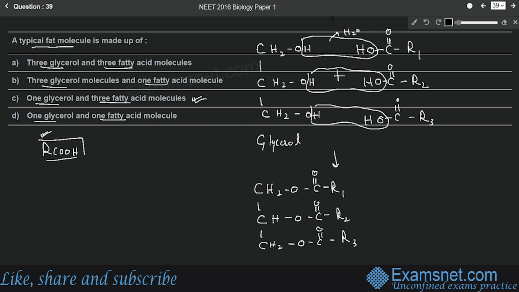Okay. So this is the triglyceride or the fat molecule. Plus we have seen that 3 water molecules have been eliminated. So 3 water molecules will also be there. Okay. So this is how fat is formed from 1 glycerol molecule and 3 fatty acid molecules. Okay. So option C is the correct answer.